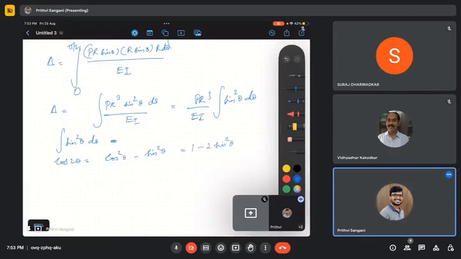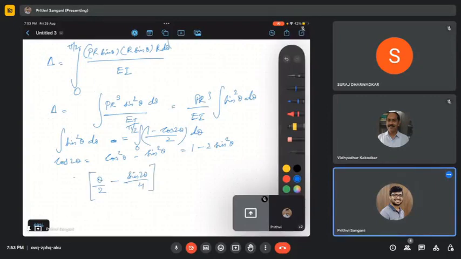So this becomes the integral of (1 minus cos 2 theta) by 2 d theta. Now that is from 0 to pi by 2. So that should be theta by 2 minus sine 2 theta by 4.